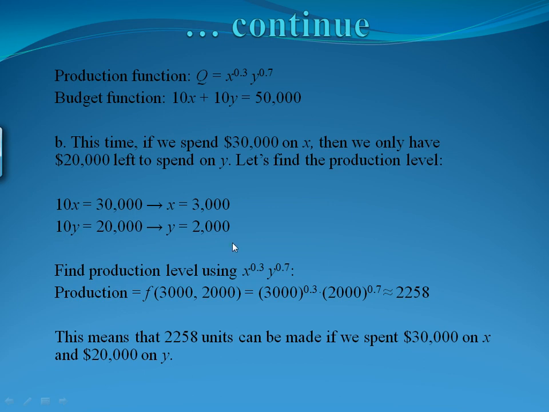That means we're going to buy 2,000 units of Y. And our production level, we now calculate by plugging in 3,000 for X and 2,000 for Y. We plug that into our production function, and we get approximately 2,258 units that can be made if we spend $30,000 on material X and $20,000 on material Y.